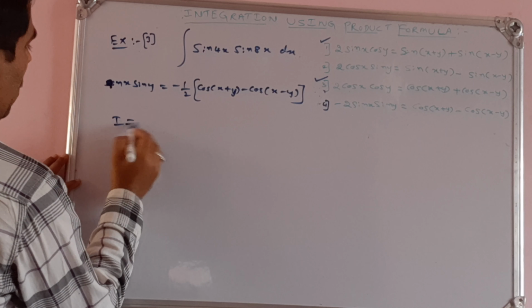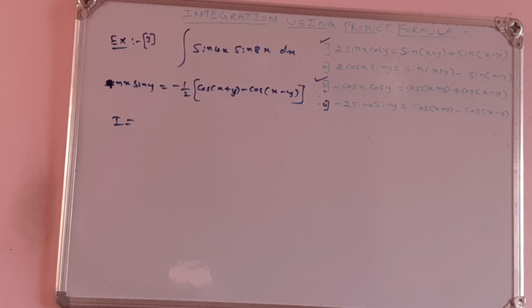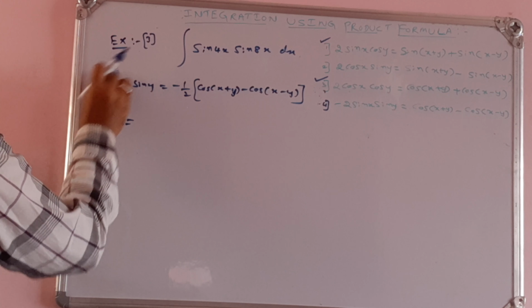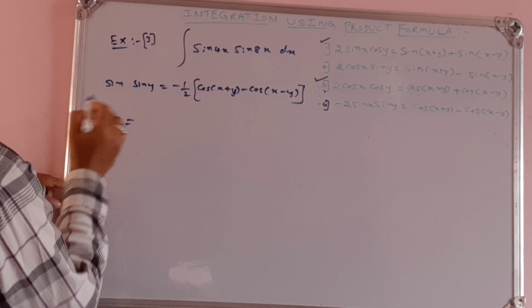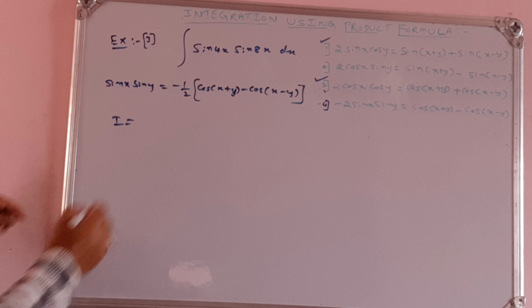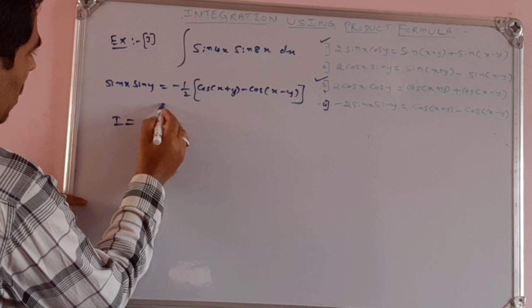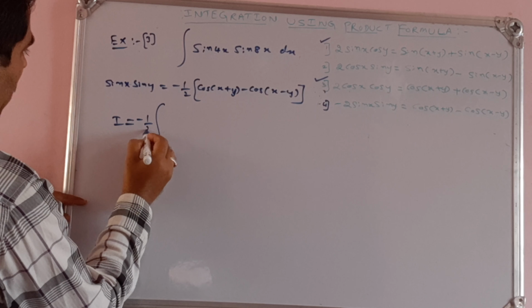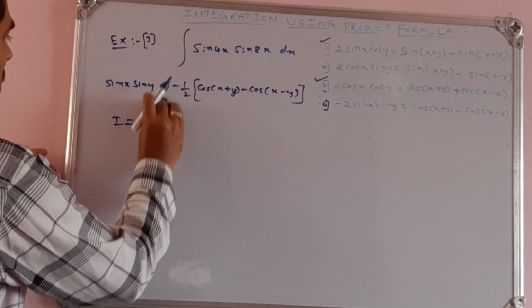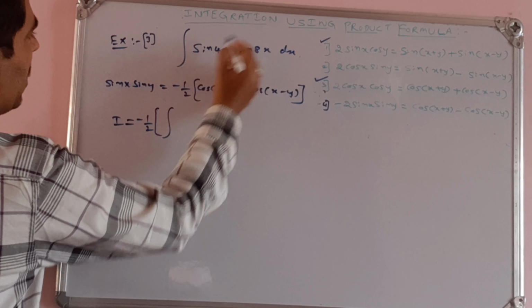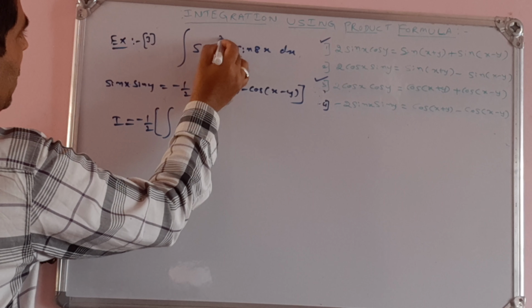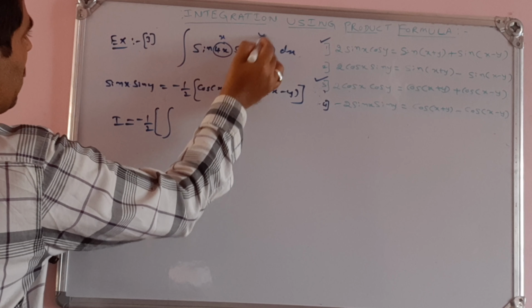So sin x sin y can be written as this one. So in the integration, this minus half I will write outside. So minus half into the integration of this. You treat this as x and this as y.